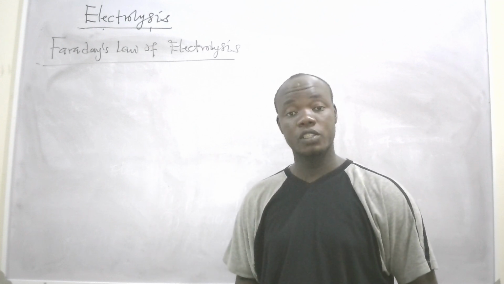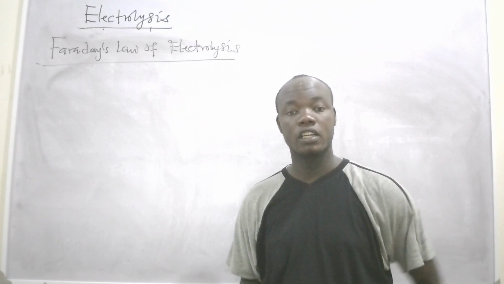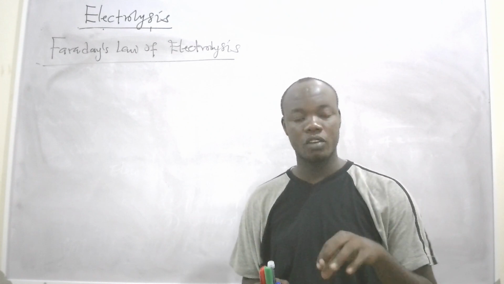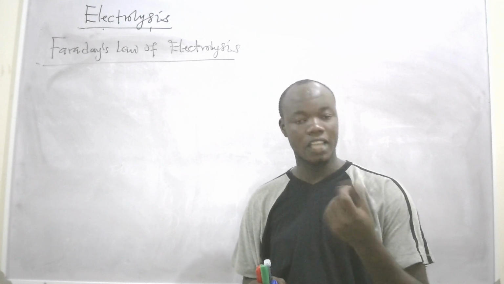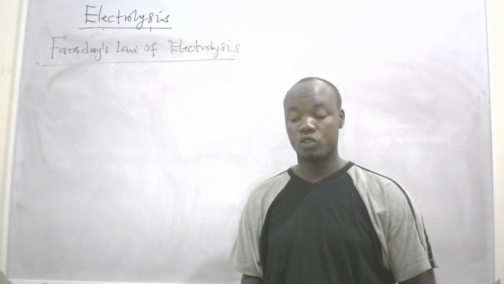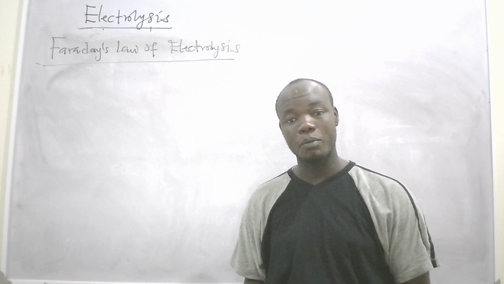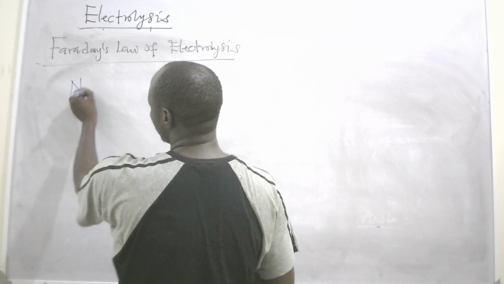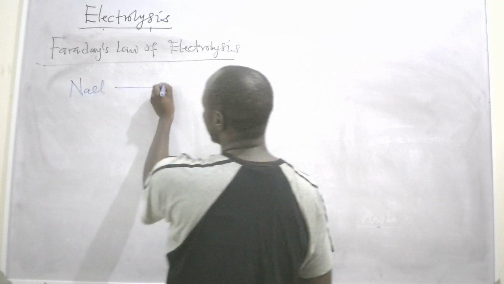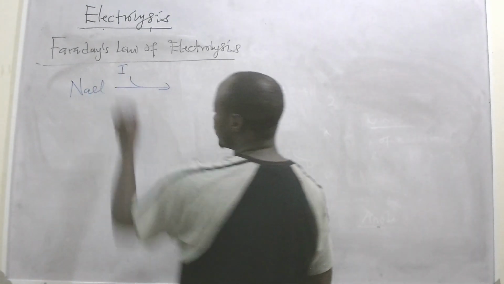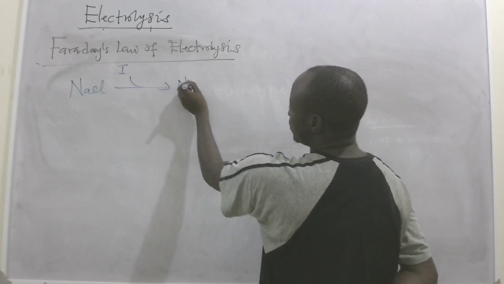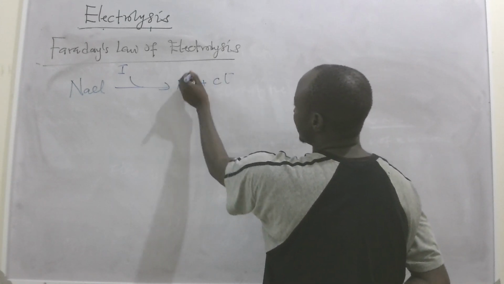The first law of electrolysis states that during electrolysis, the mass of an element that undergoes electrolysis is deposited. For example, when we have sodium chloride, it is going to be sodium ion plus chloride ion.